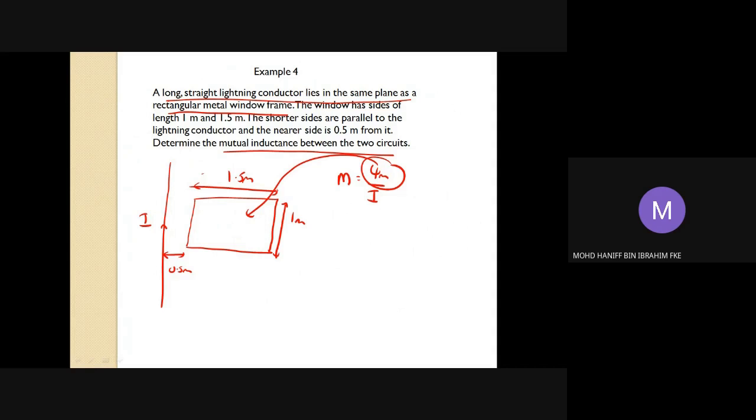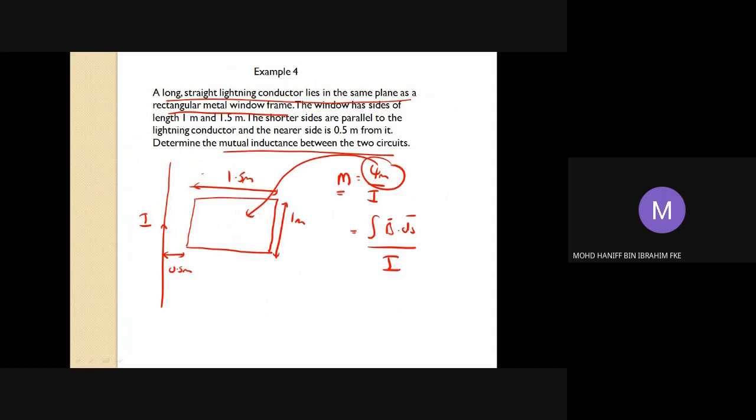In order to find the mutual inductance, the first thing you have to calculate is the flux, which is based on the integration of B dot dS, divided by I. So you need to calculate the flux density that exists inside this window metal frame.